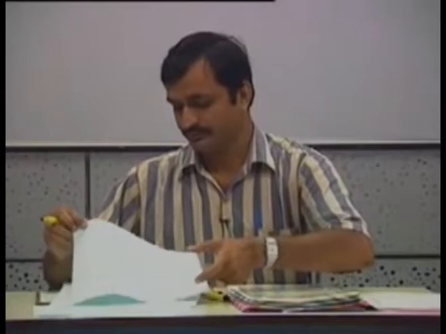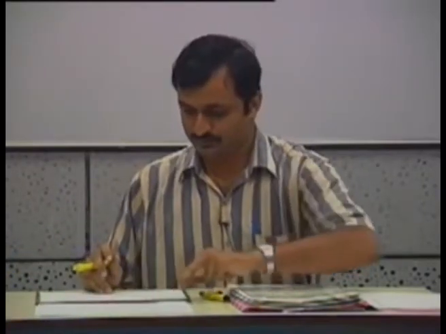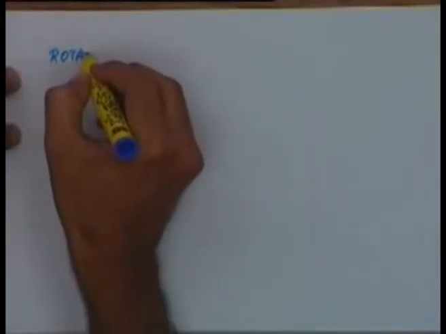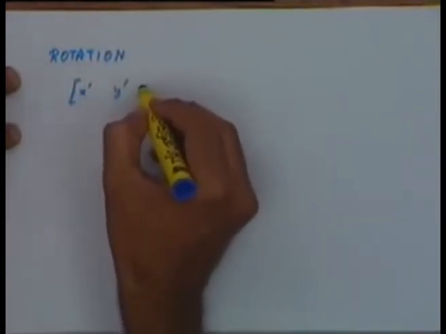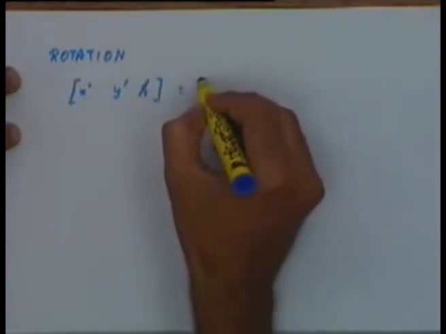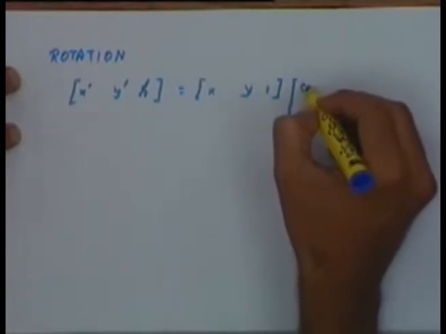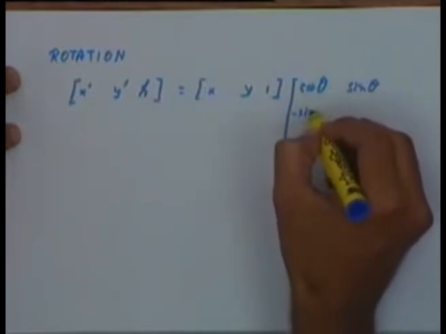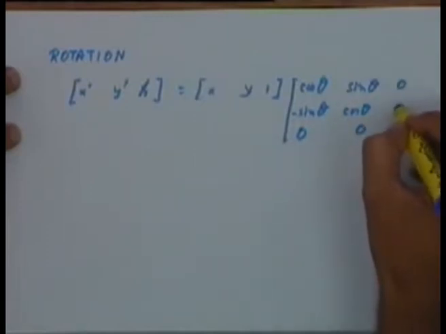The other two operations. We are talking of rotation. x prime y prime h will be equal to x y 1 multiplied by the basic matrix, which will remain the same; in other places we will just add zeros and ones.